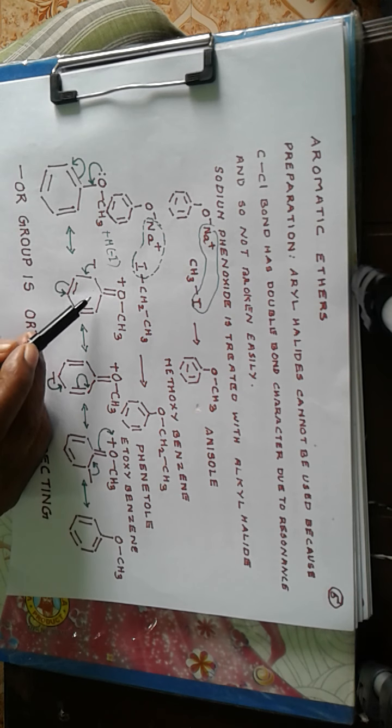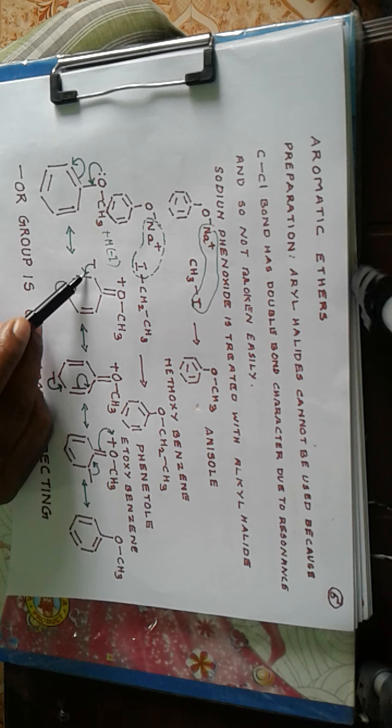Shift of electron pair, bond formation, the valency of this carbon rises. This pi bond ionizes like this, so the valency of carbon is maintained at 4. Then we get a negative charge, and we can start the arrow from the lone pair of electrons, or from the negative sign.